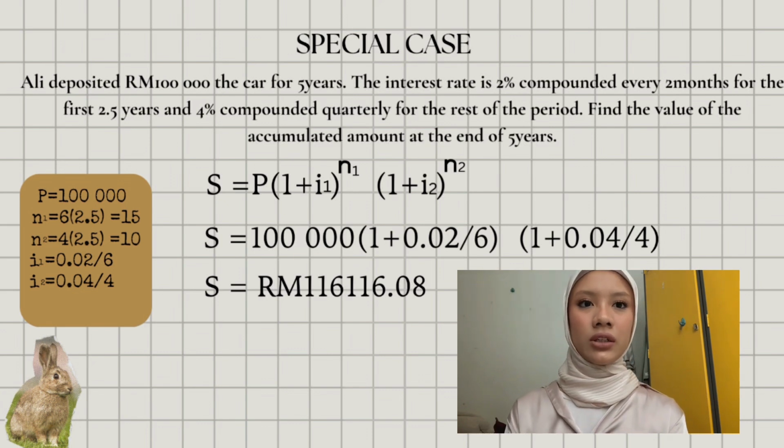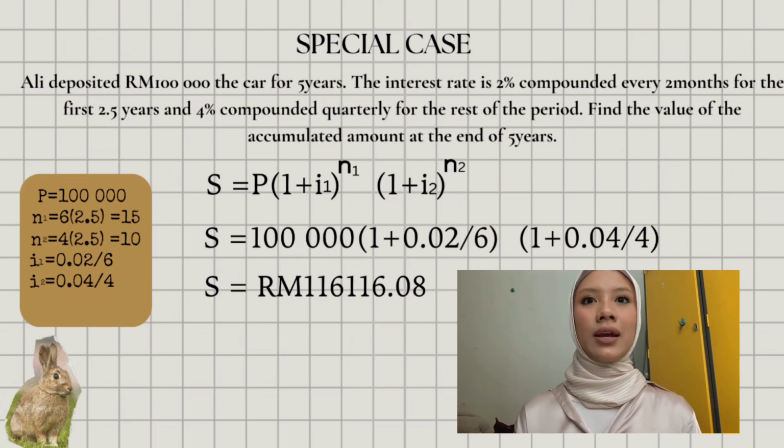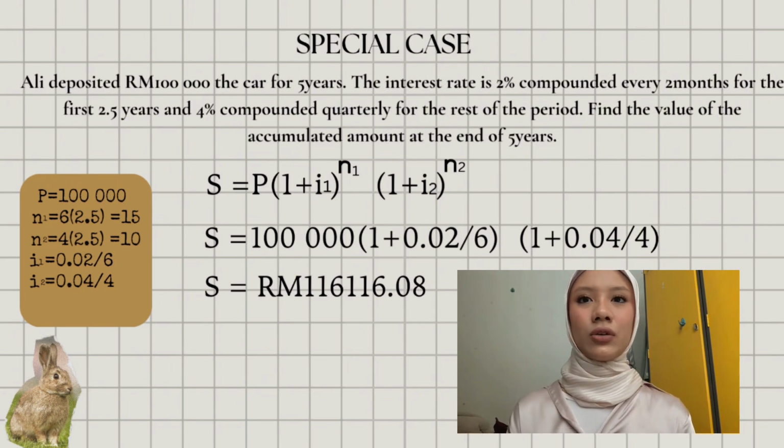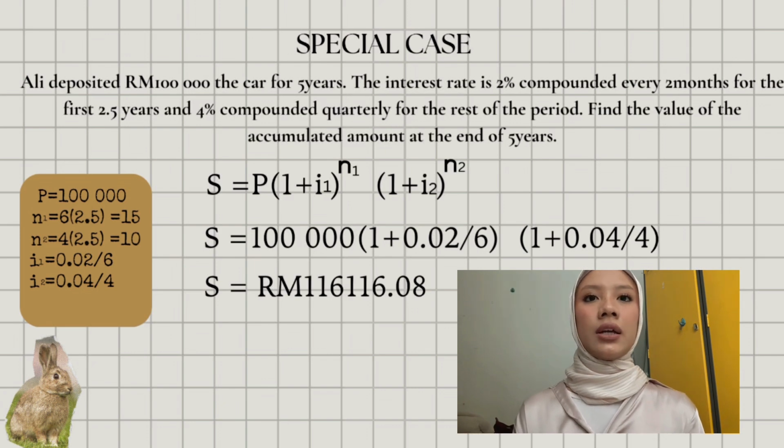So the calculation of this question by using the formula S equal to P times (1 plus I1) to the power of N1 times (1 plus I2) to the power of N2. So S equal to 100,000 times (1 plus 0.02 over 6) to the power of 15 times (1 plus 0.04 over 4) to the power of 10.